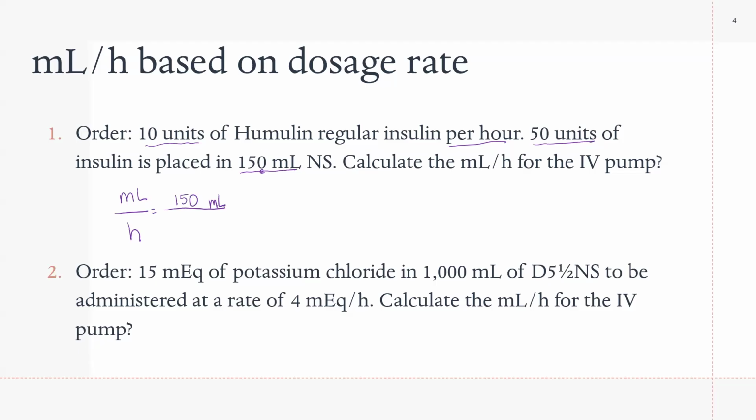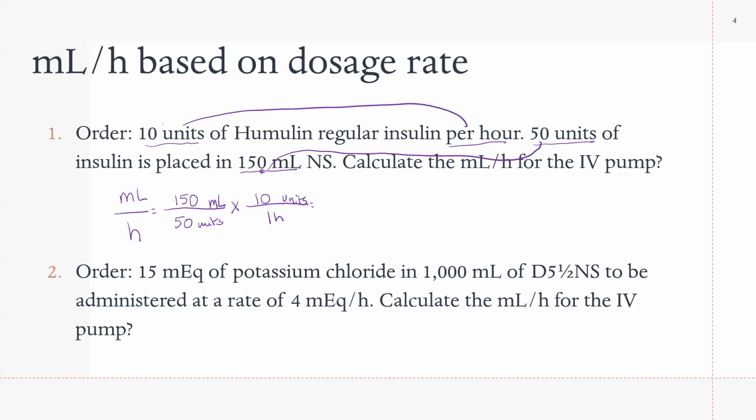And its best friend is that 50 units because there are 50 units in that 150 milliliters. Then you're going to get rid of the units because you want hours on the bottom, but you currently have units. So I have 10 units, and its best friend is per 1 hour.